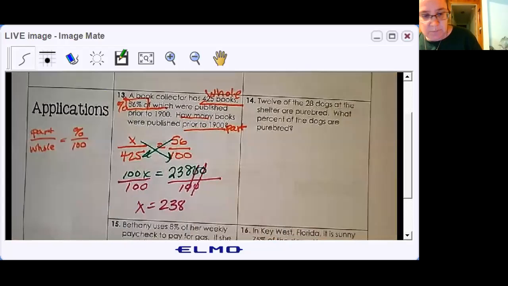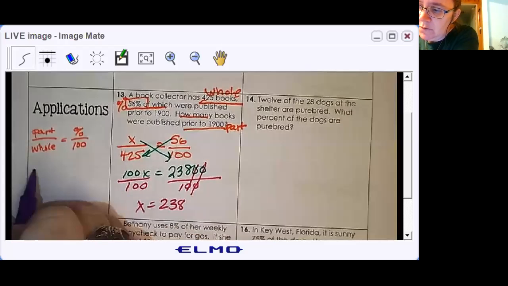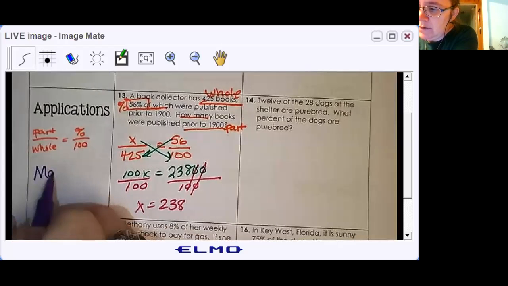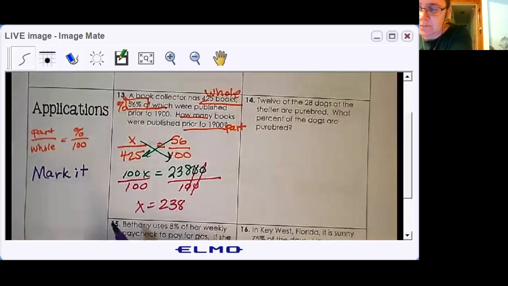Now, I almost forgot to put something on the paper that's really important. If we were in class, you'd see it because we put it up in the room all the time. That's our problem solving plan. Because every problem needs a problem solving plan. So as a reminder, what is our problem solving plan? The first thing we do is we mark it. We mark our key information in our problem.